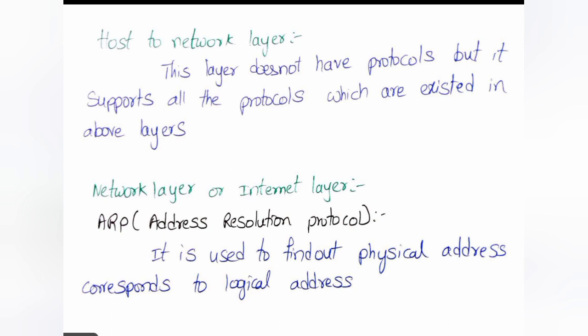The IP address is assigned when the system connects to the internet, and the MAC address is the inbuilt address of the particular device, which is in hexadecimal format, whereas the IP address is in decimal format. Using the ARP protocol, you can find the physical or MAC address from the corresponding logical address.